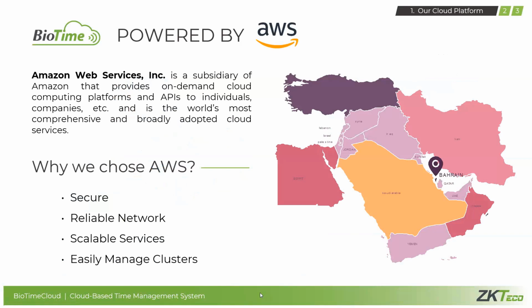Because of the secure, reliable network and the scalable services from AWS. There is no upfront cost from AWS. We just have to pay for the services that are used, so that is easily manageable. There is a hassle-free data management process behind AWS. That is the reason we have chosen AWS as the cloud computing platform for hosting BioTimeCloud.